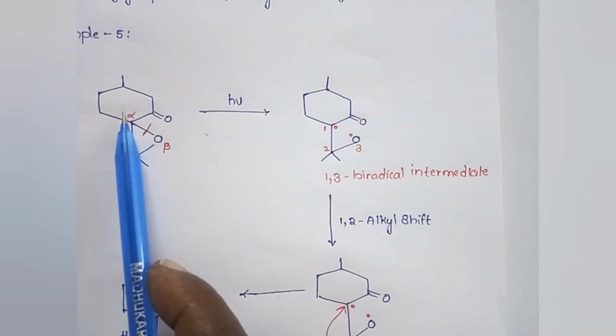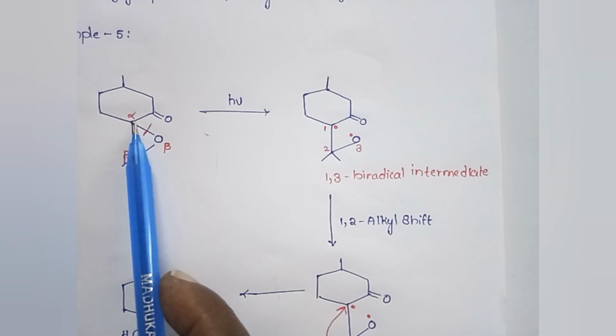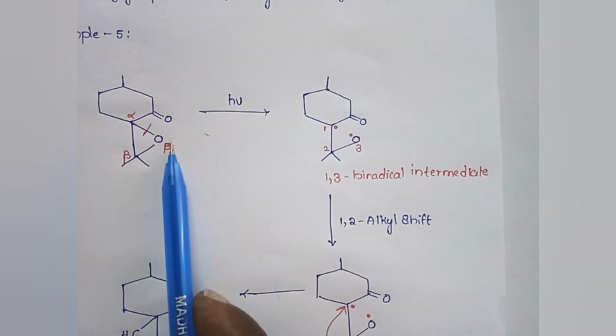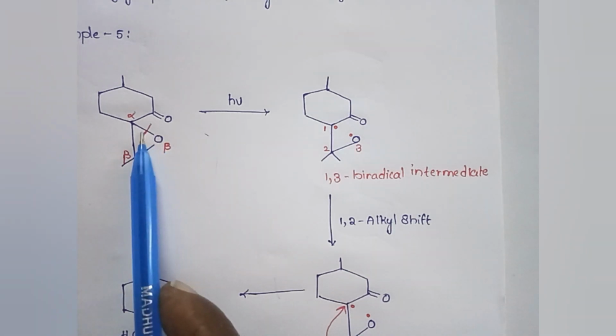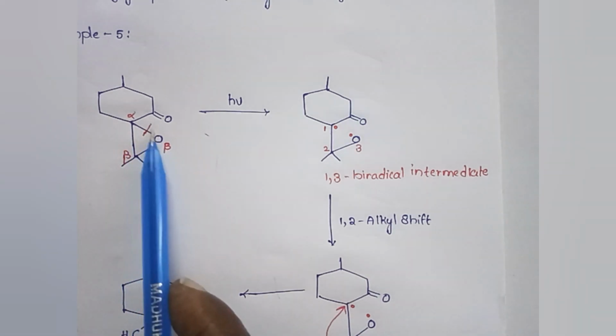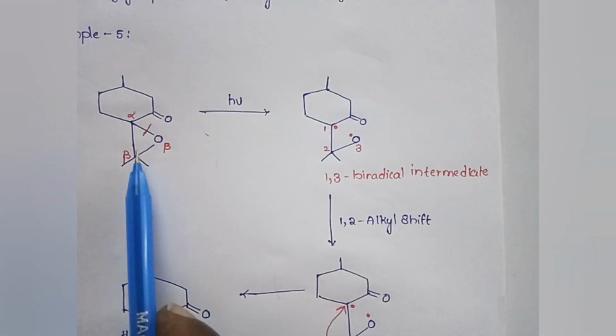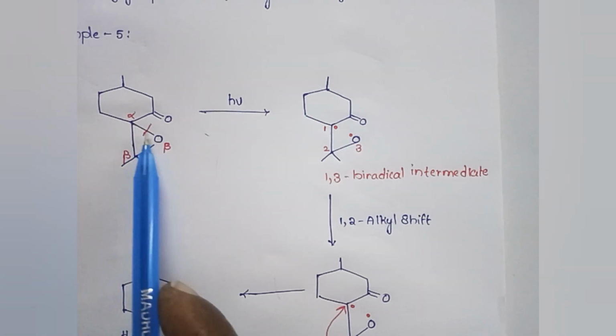But the beta bond, that is the bond between the alpha carbon and the beta oxygen, will undergo cleavage easily because this bond is weaker than this bond. So the carbon-carbon bond is stronger than the carbon-oxygen bond.